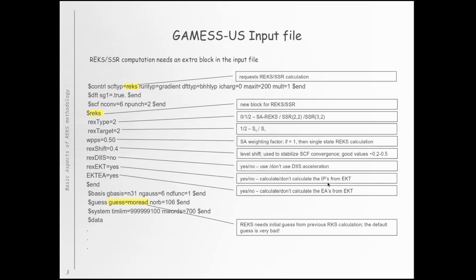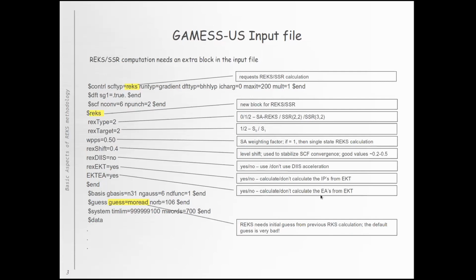If you also set the extra keyword EKT EA, where EA stands for electron affinities, to yes, its default value being no, then with this combination of two keywords it will calculate only electron affinities.